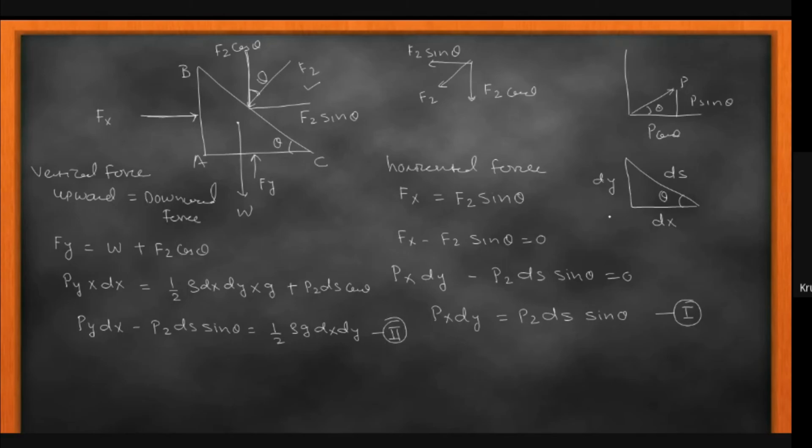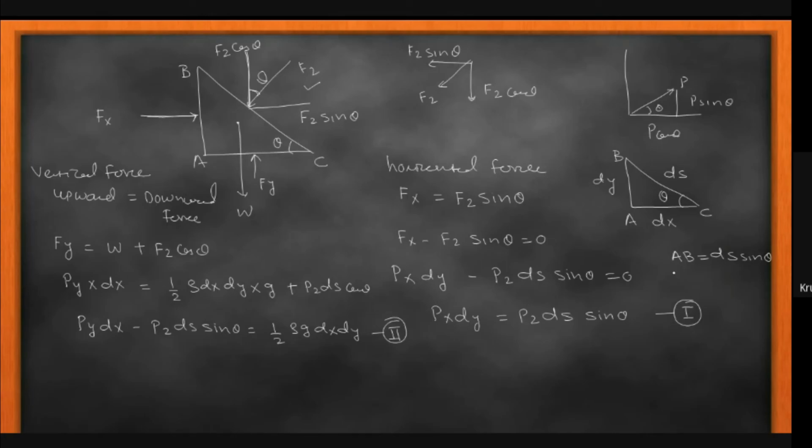AB is the opposite side of the angle, so AB equals ds into sin theta.